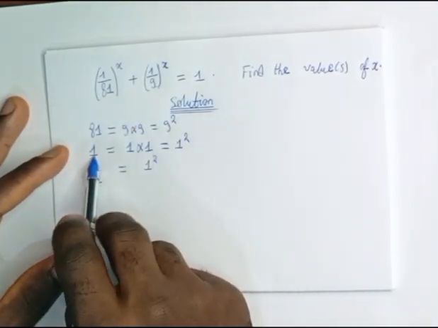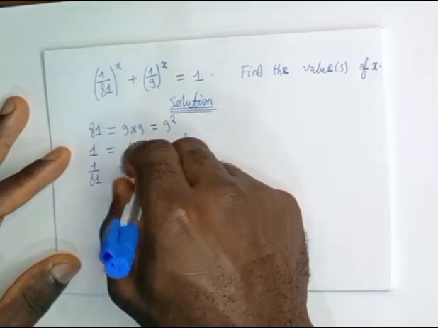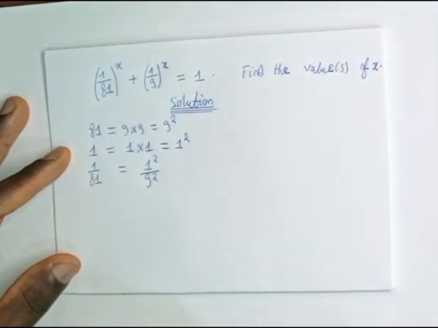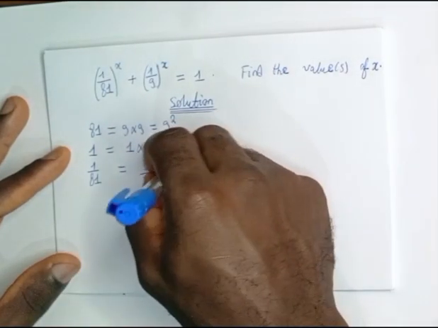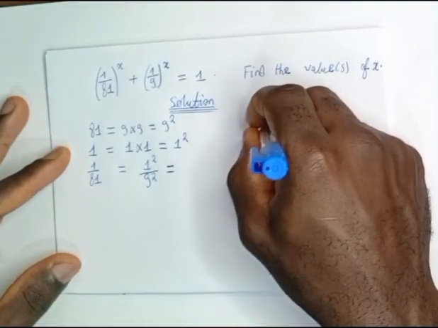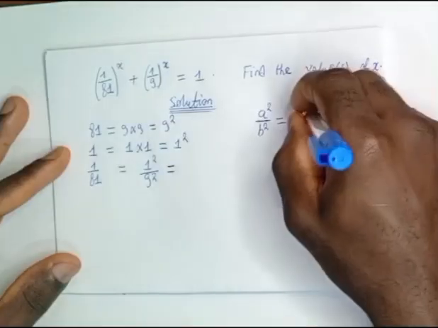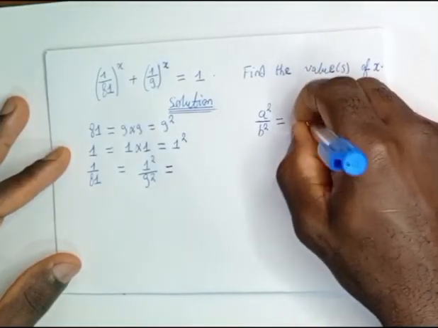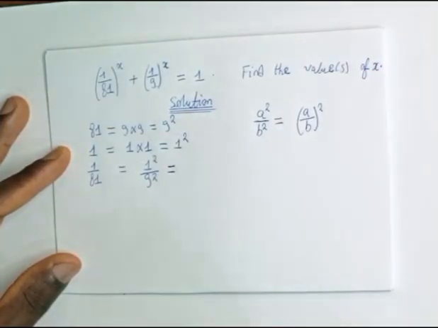Remember, 1 squared is the same as 1 all over 9 squared, which is the same as, if we have a squared all over b squared, it is simply equal to a over b, all this squared.